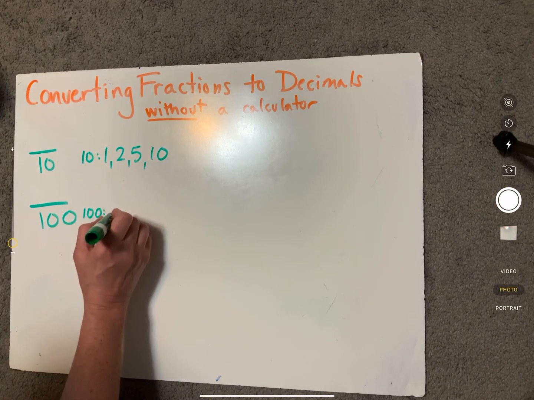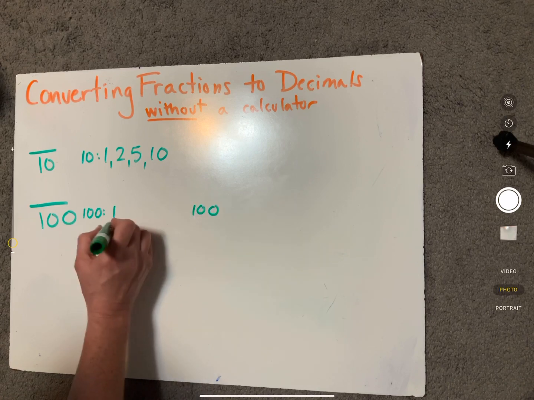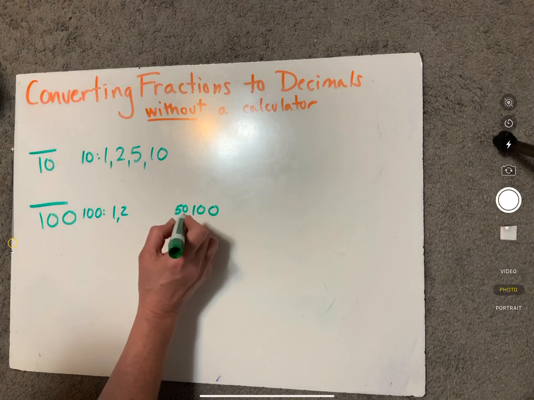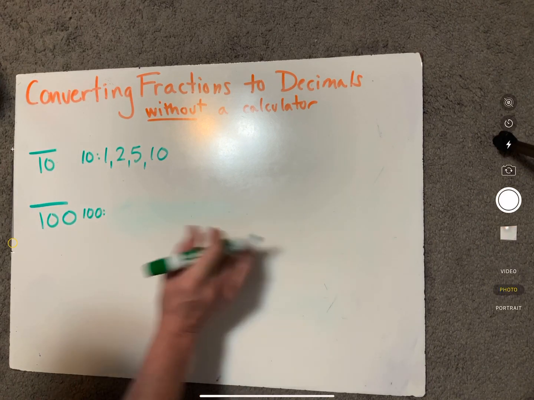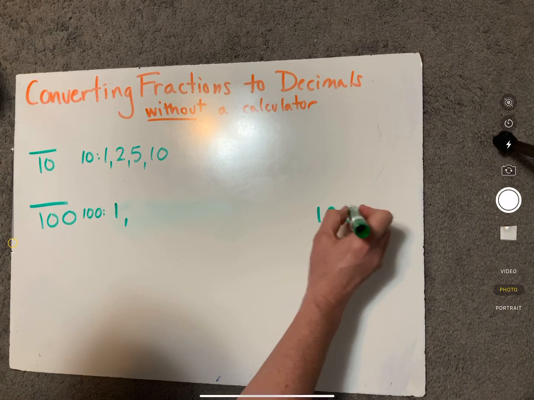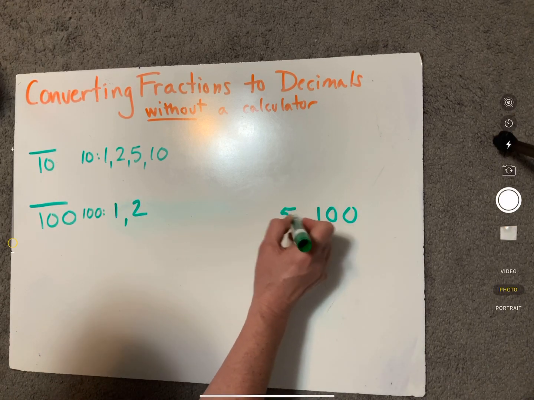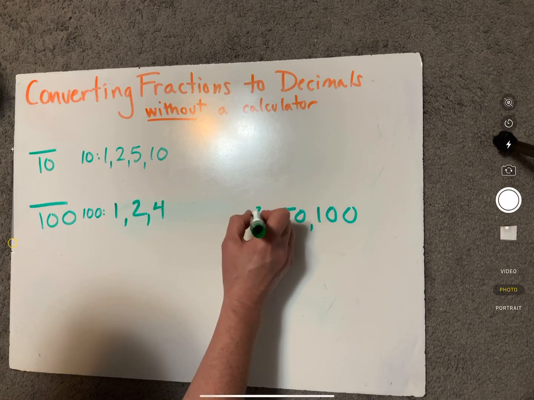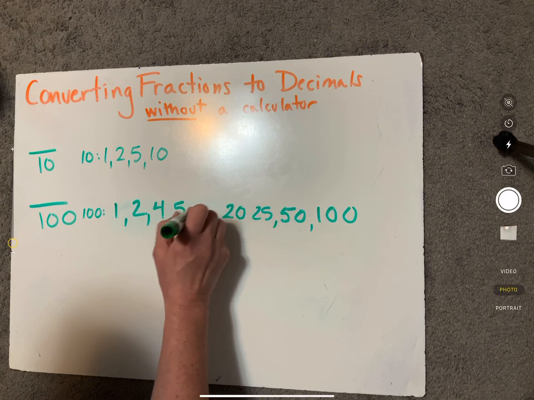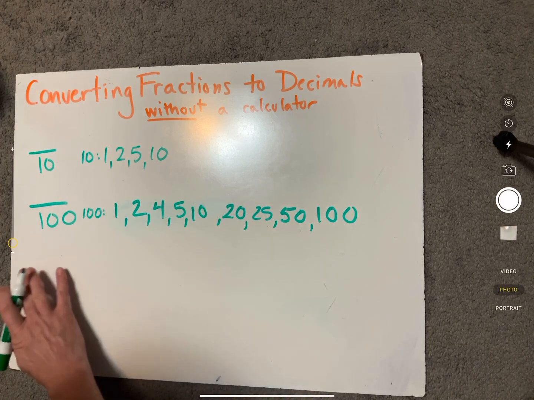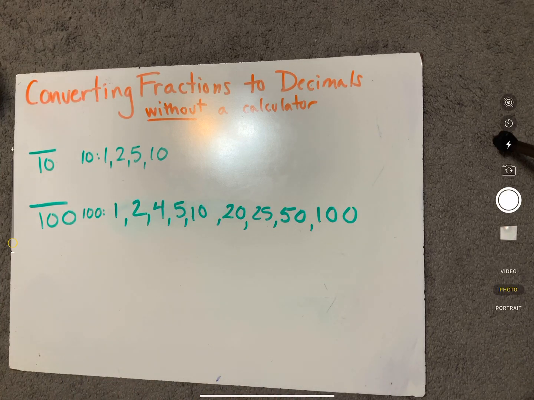Factors of 100 would be 1, 100, 2, 50, 4, 25, 5, 20, and 10. So if we are seeing any denominators that have the factors of either of these numbers, then it's going to be easy to make an equivalent fraction of either 10 or 100. Let me show you what I mean.